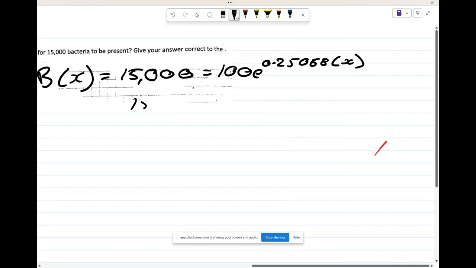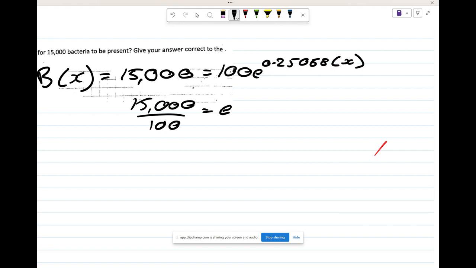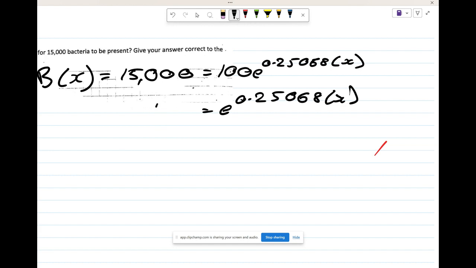Okay, same kind of thing we did before. We're going to divide by 100. So 15,000 divided by 100 equals e^(0.25068x). Dividing by 100, just drop 2 zeros. So 150. Then we can take log e of both sides.